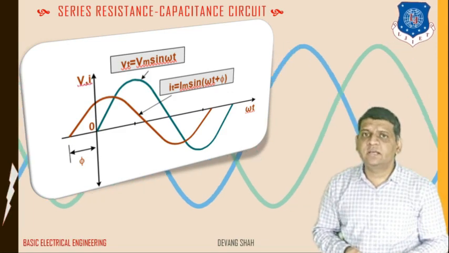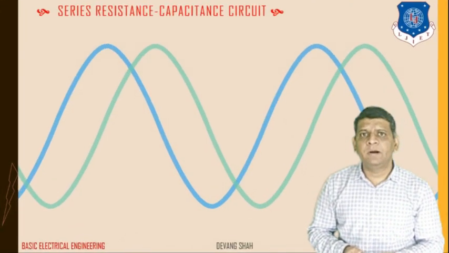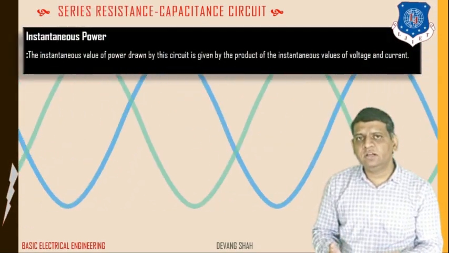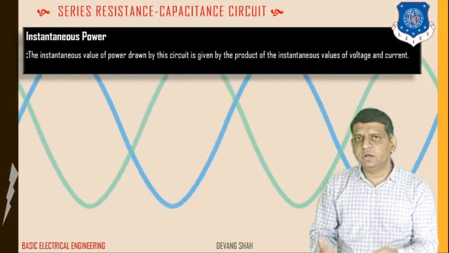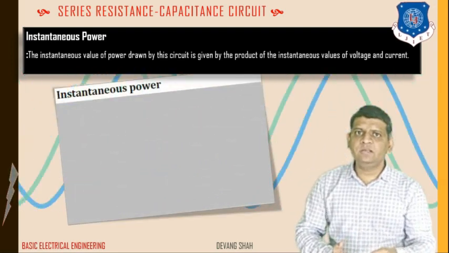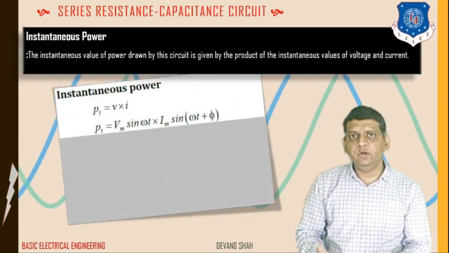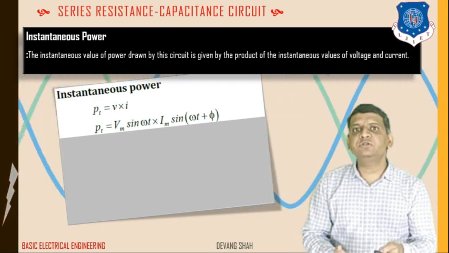Right. Now next we will define the power calculation. P is equal to V into I, where you can define that the instantaneous power is nothing but the multiplication of instantaneous voltage and current. So P is equal to V into I, where P is equal to Vm sin omega t into Im sin omega t plus phi, right?